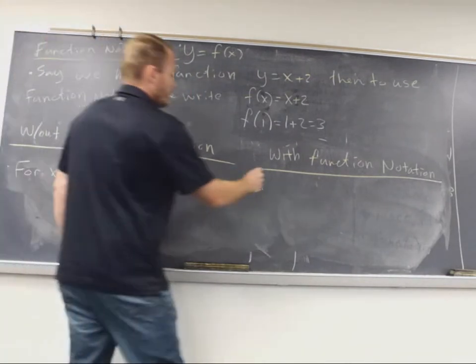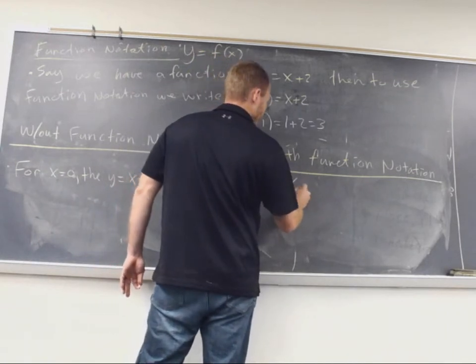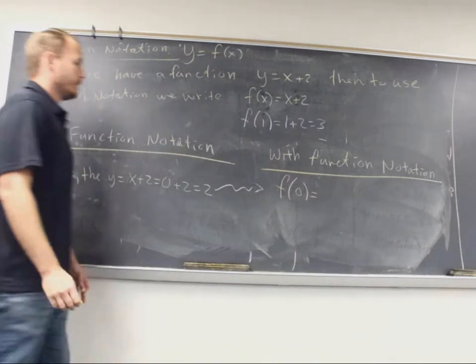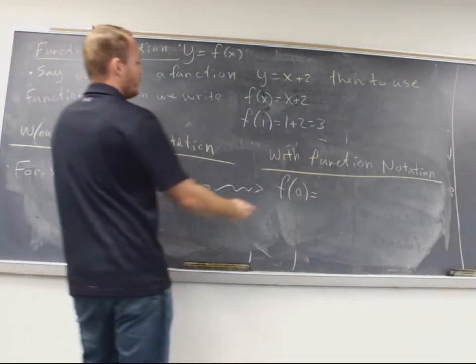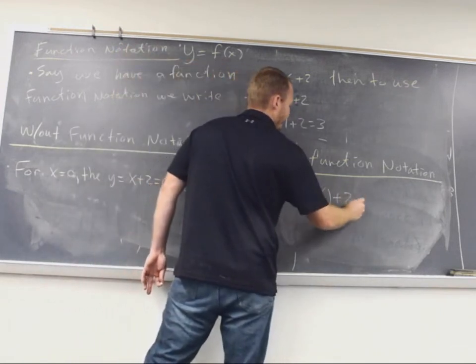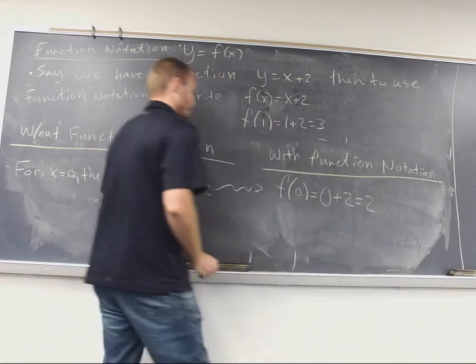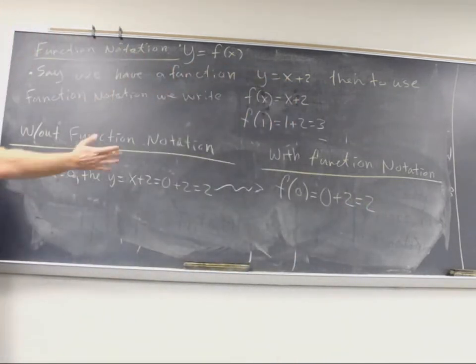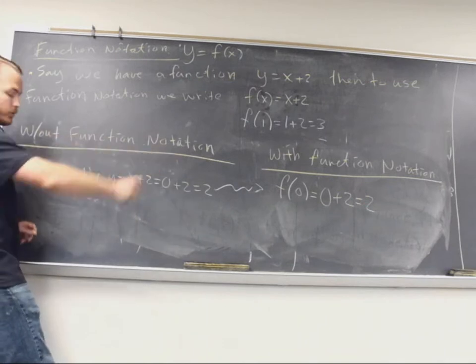So I'm saying f of 0. So that's how I would write it. And then I'm just plugging in 0 in here for my x, just as we've done previously. That's equal to 0 plus 2, which is 2. So function notation allows us to not write this whole thing and to just write that shorthand.